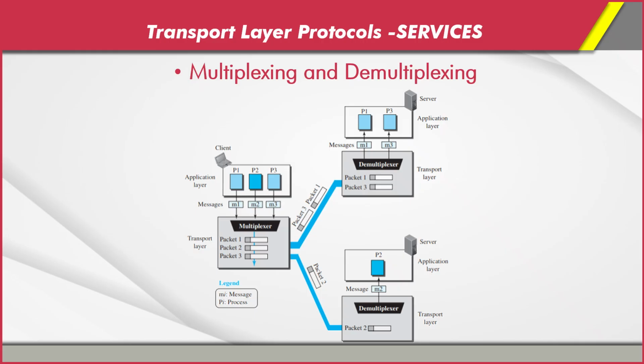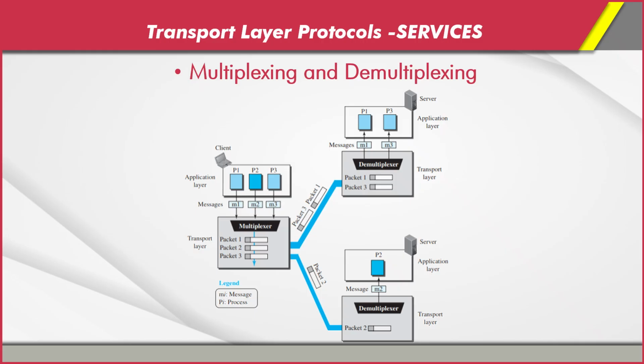This figure shows the communication between a client and two servers. Three client processes are running at the client side, say P1, P2 and P3. The processes P1 and P3 need to send requests to the corresponding server processes running in one server. The client process P2 needs to send a request to the corresponding server process running at the other server.